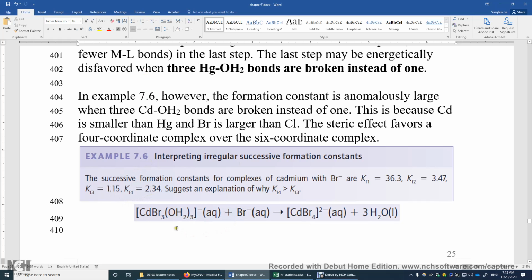And then you look at the bond breaking and bond formation. That suggests this Kf4 should be much smaller than Kf3. And finally, you look at this steric effect. That suggests this reaction should have a larger formation constant than the Kf3. All right, so there are three factors that you have to take into account.